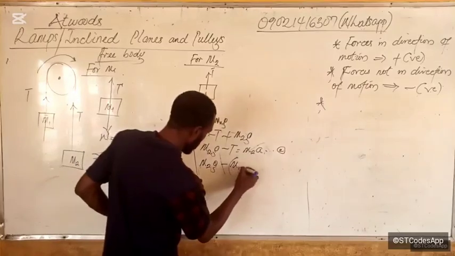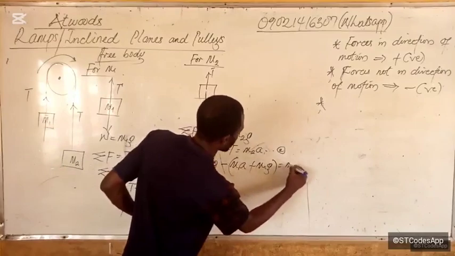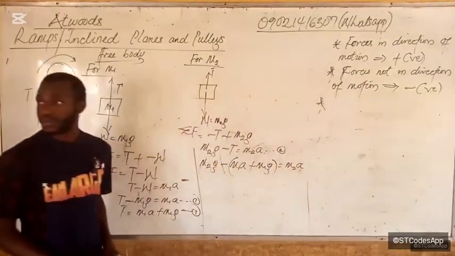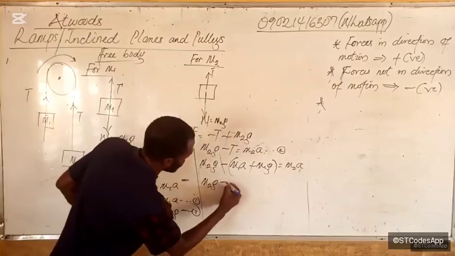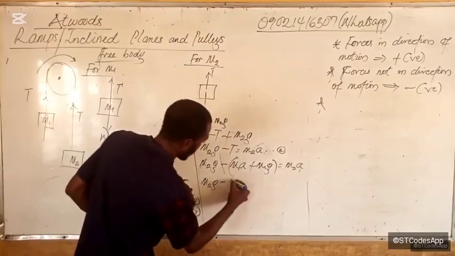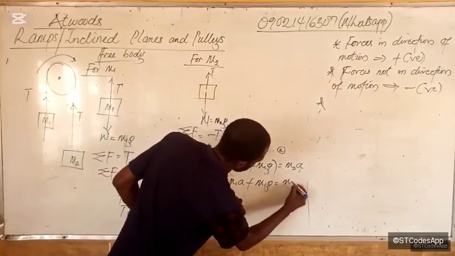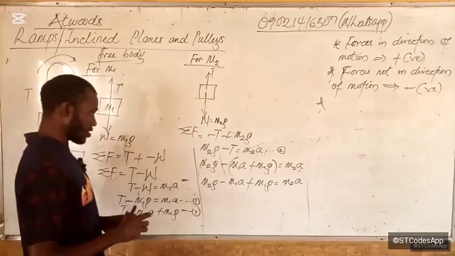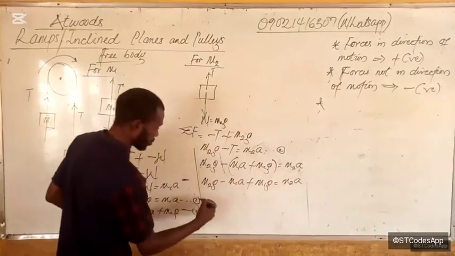So we have M2G minus (M1A plus M1G) is equal to M2A. Now, given this, we can collect like terms.